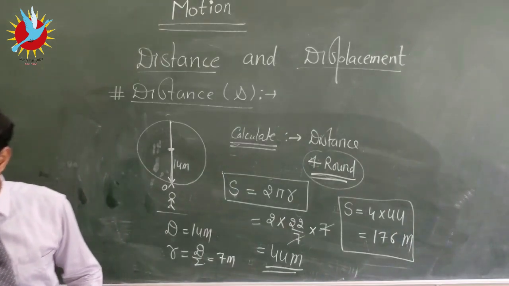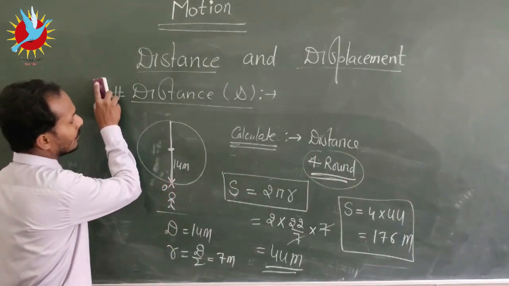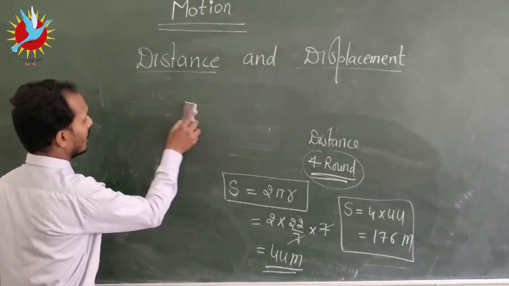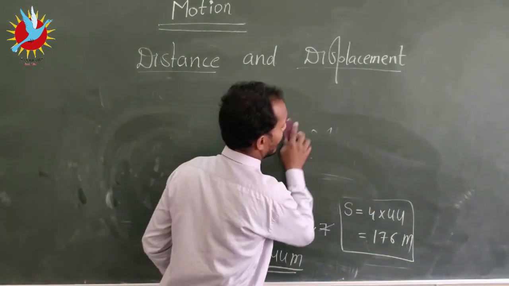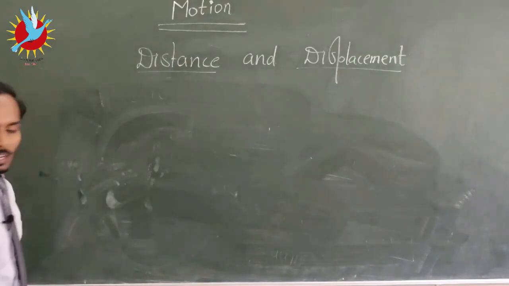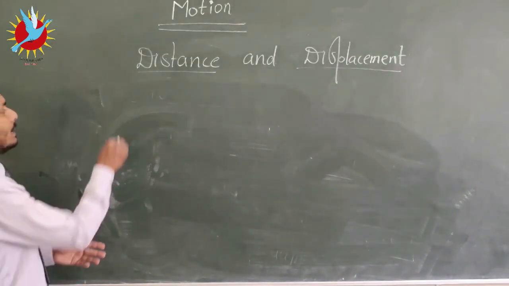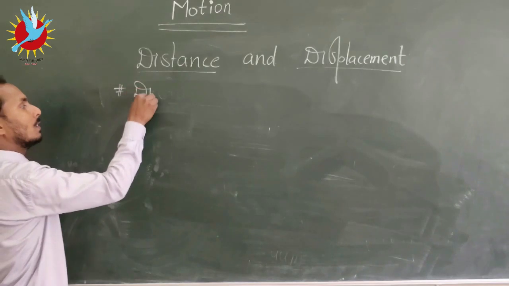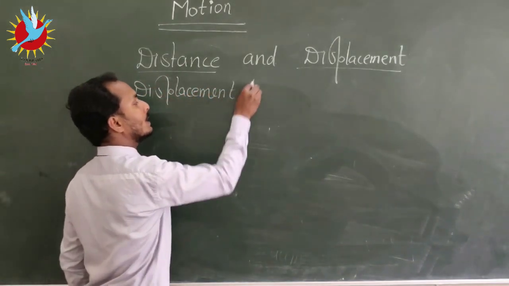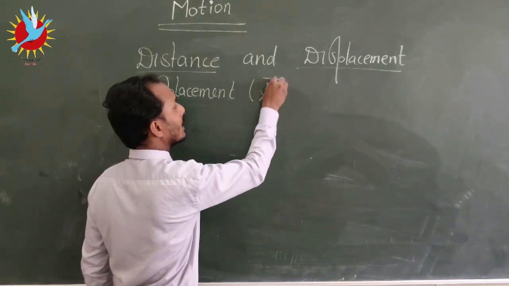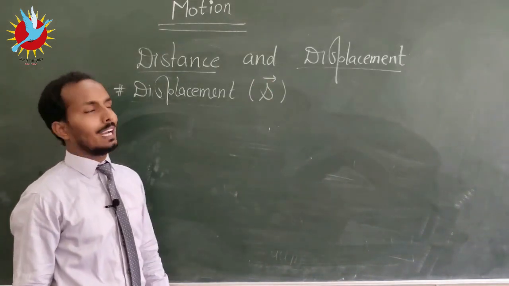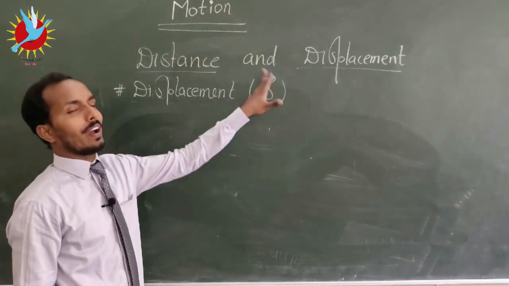Now our next topic is displacement. Now understand the term displacement. The symbol of displacement is S, but it has an arrow over it. This shows that displacement is a vector quantity.